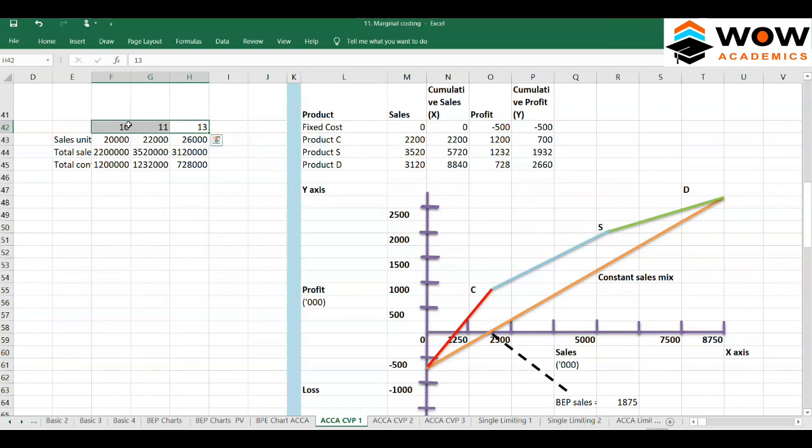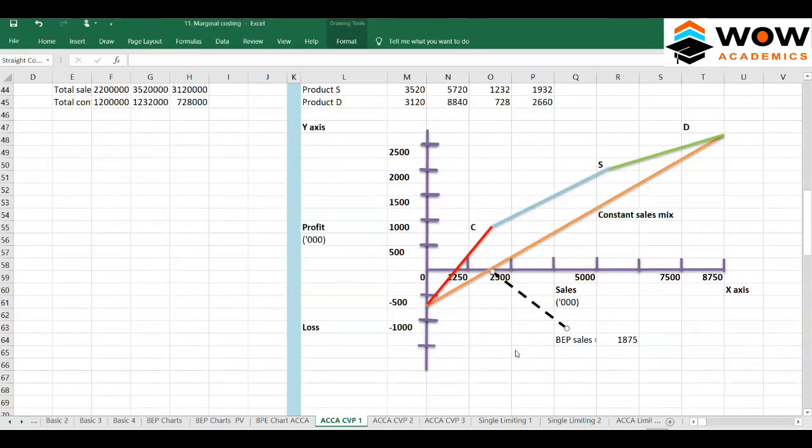So why do we have this concept? This concept helps us to tell that when we sell a product which is of higher profitability, we achieve a faster break-even point.